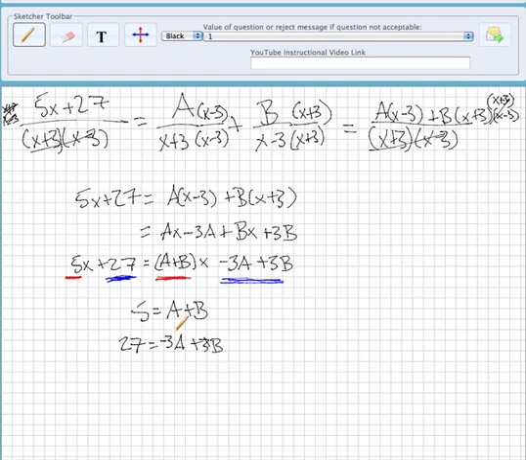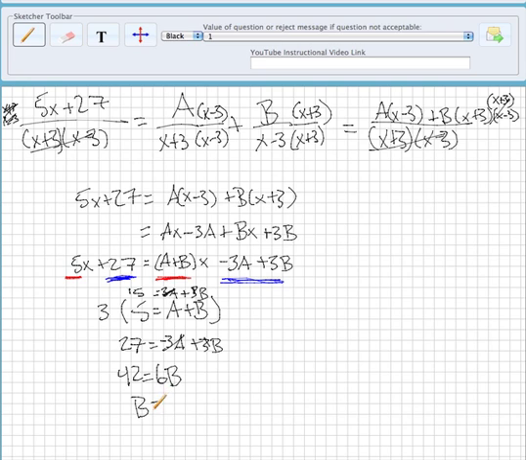So now we're going to solve for a and b using this system of equations. I'm going to use elimination here. So I'm going to multiply the top by 3. So this becomes 15 equals 3a plus 3b. Add them together. So 42 equals, the a's cancel out with each other, 6b.